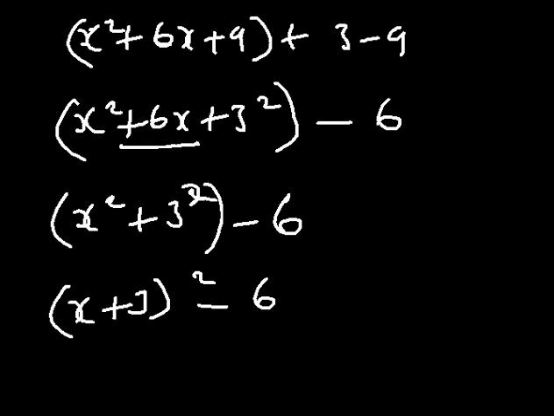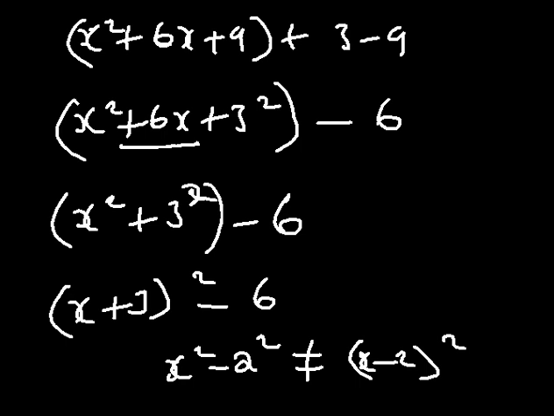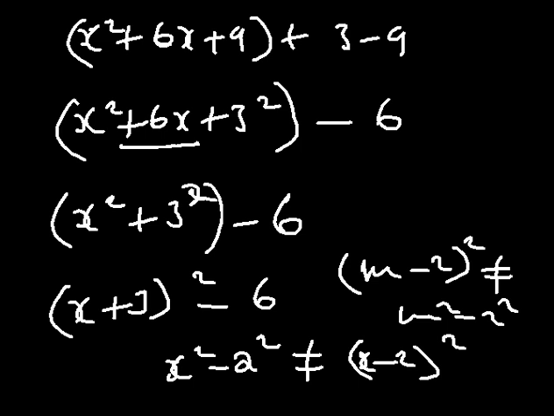Otherwise, generally speaking, if we have, let's say, x to the power 2 minus, let's say, 2 to the power 2, this is not the same as x minus 2 to the power 2. It's something different. Even if we have, let's say, m minus 2 to the power 2, this is not the same as m to the power 2 minus 2 to the power 2. It is different.